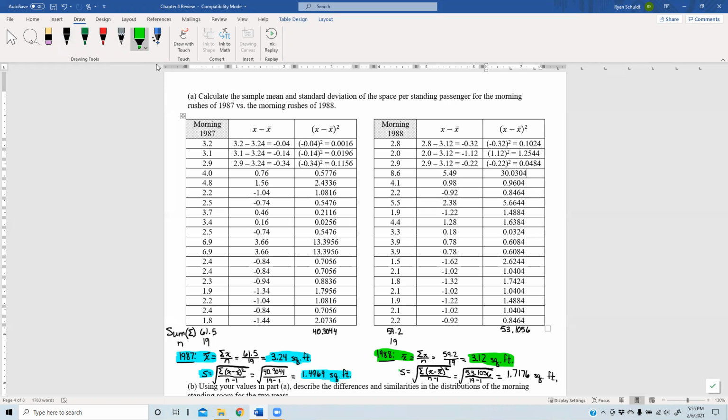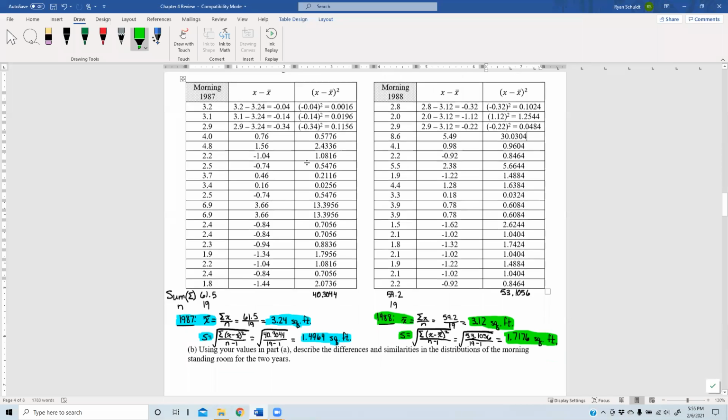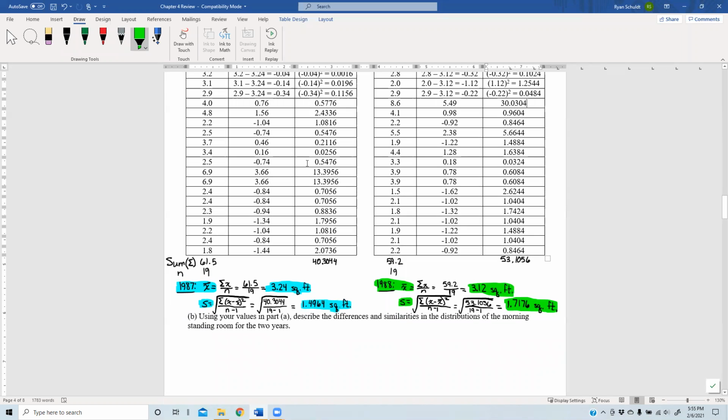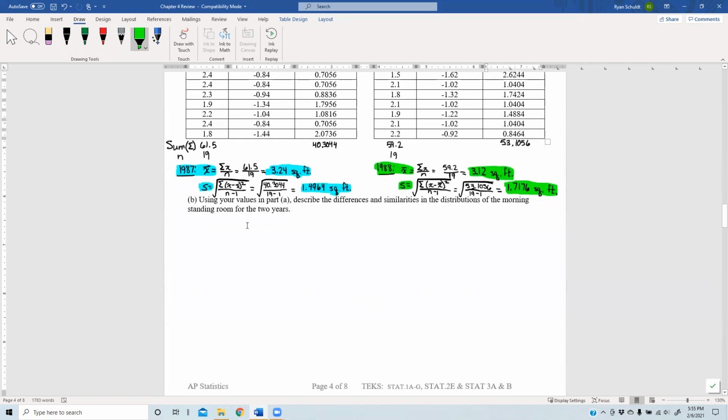Okay, so there's our standard deviation for 1988. So lots of calculation, but we made it. We got through this example.